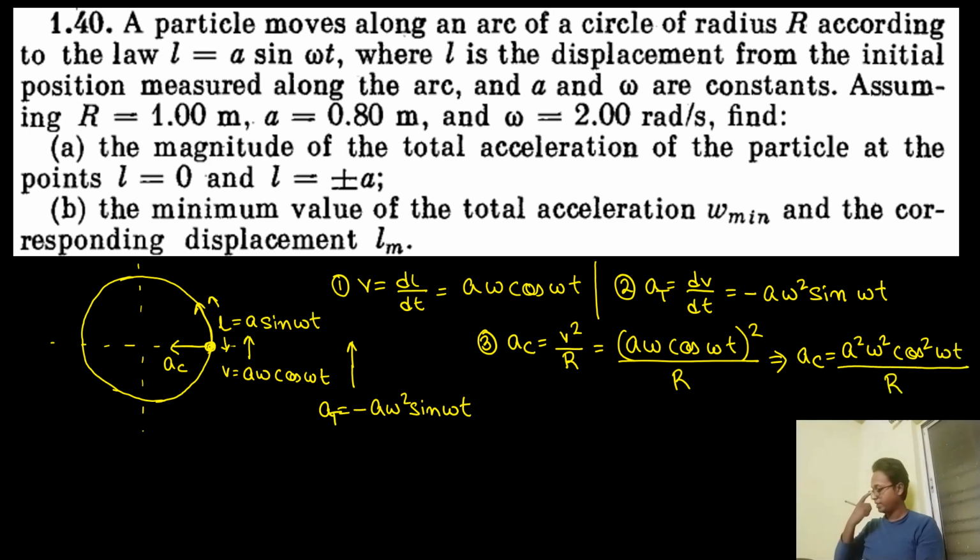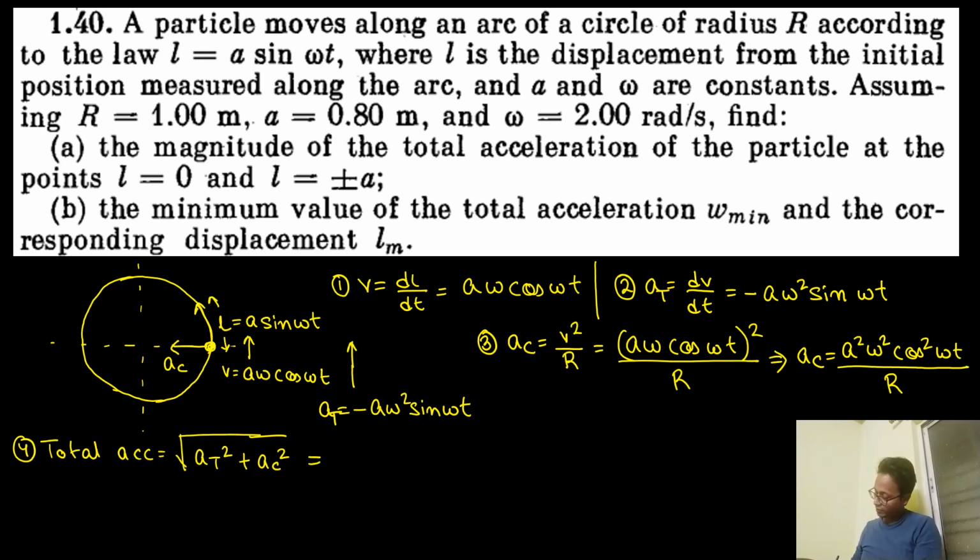So we have determined these three values. Okay, now let's read the question. The magnitude of total acceleration of the particle at point L equal to 0 and L equal to plus minus a. So what is the total acceleration? Total acceleration is equal to tangential acceleration plus centripetal acceleration.